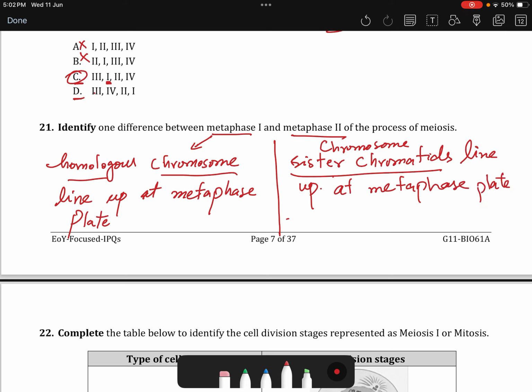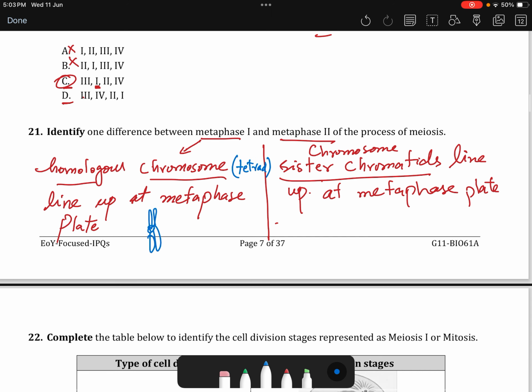So this is how you say it. You just say chromosomes, or you say sister chromatids, and here you say homologous chromosomes, or you say tetrads. It's up to you. Tetra means 4, and they line up in the center of the cell, and then they are split. Okay, like this. So this is happening over here, and this one is happening over here.